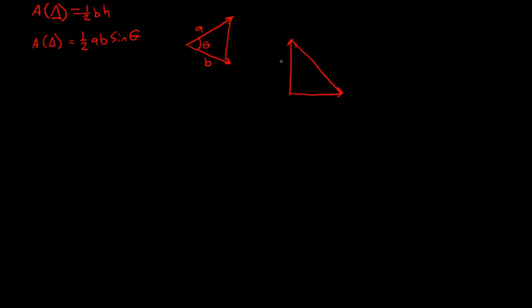Well, if we take the cross product of this vector from this point here to here, and this vector here to here, what it'll actually give us is the area of this parallelogram.